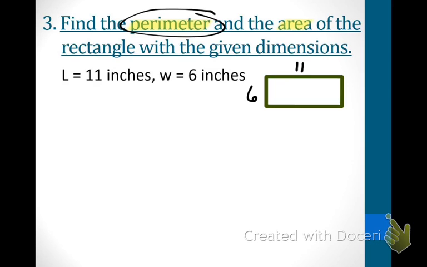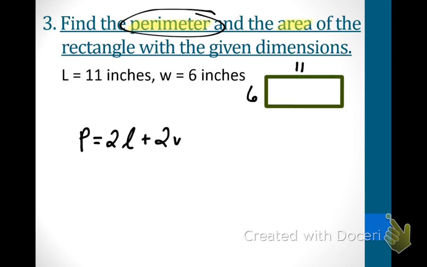Let's start off with the perimeter because it asked us to find perimeter first in our problem. Help me out, Emma, what's the formula for a perimeter of a rectangle? P equals 2 times the length plus 2 times the width.